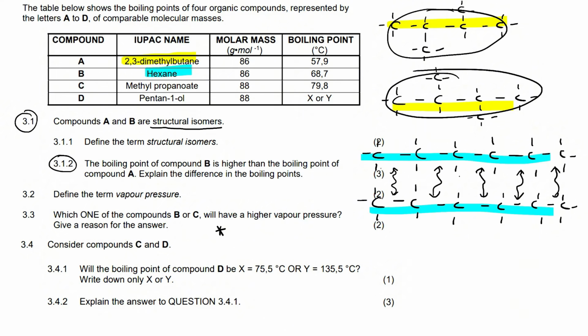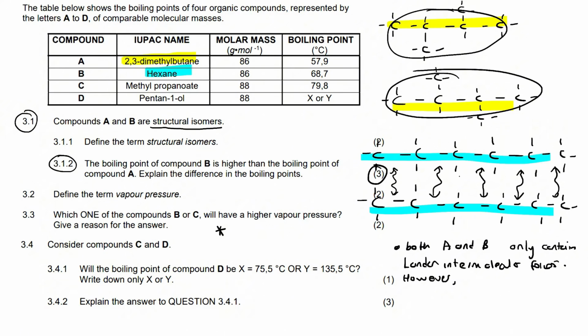So now for 3 marks, we need to explain. Okay, so I would say both A and B only contain London intermolecular forces. However, hexane, or you can actually just say B, has a larger surface area.